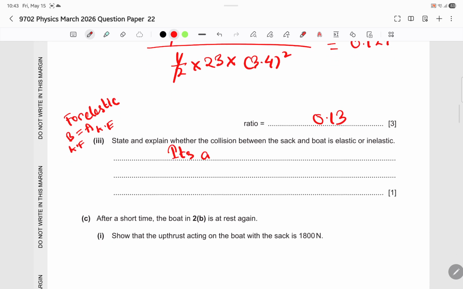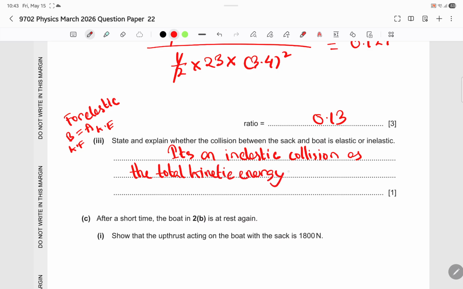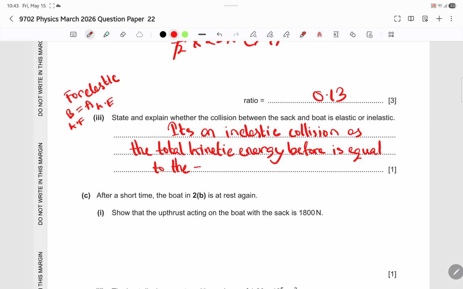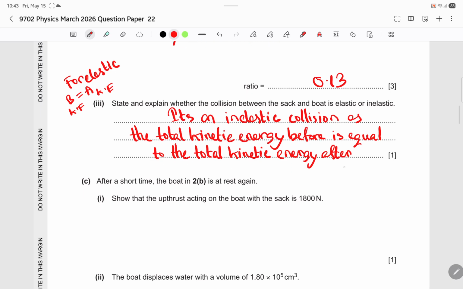Hence, it's an inelastic collision as the total kinetic energy before is not equal to the total kinetic energy after the collision.